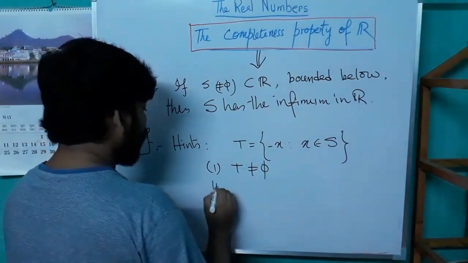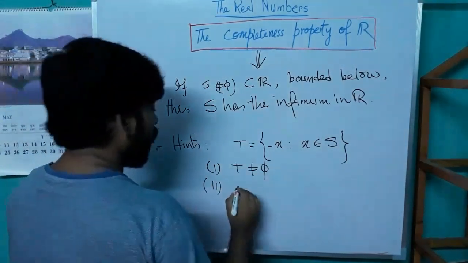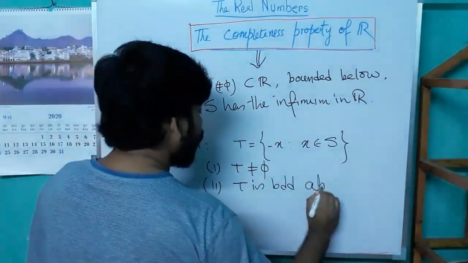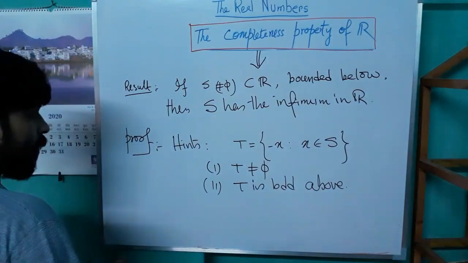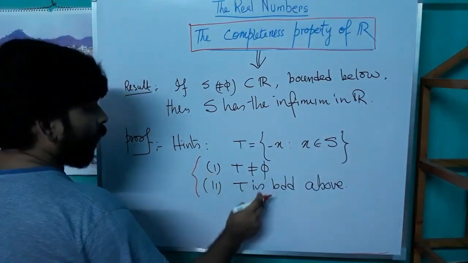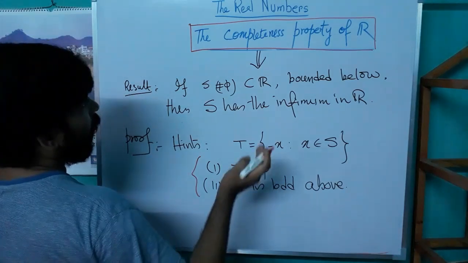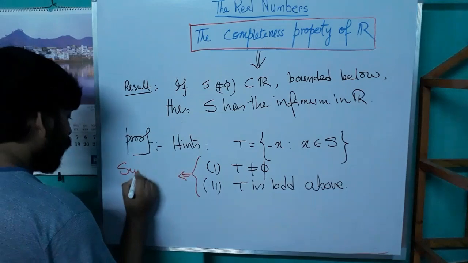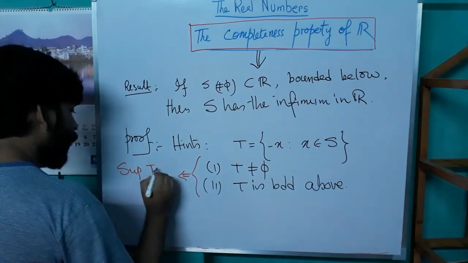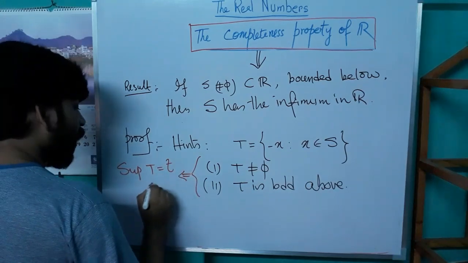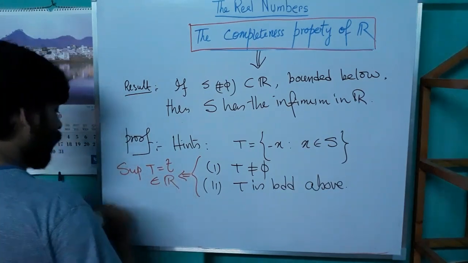Check that T is bounded above. Since T is non-empty and bounded above, by the completeness property of R, the supremum of T exists and belongs to R.